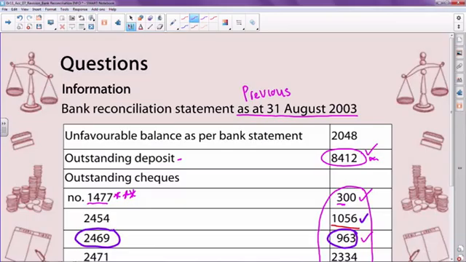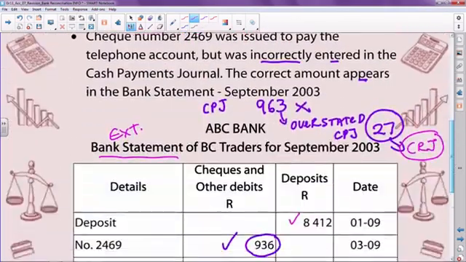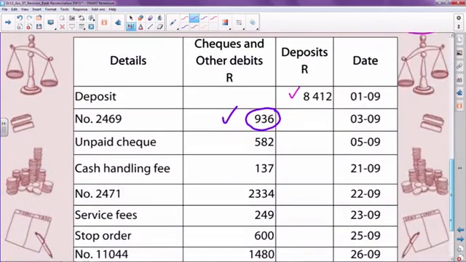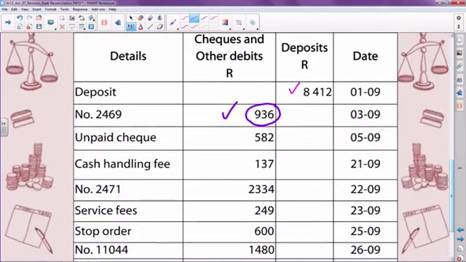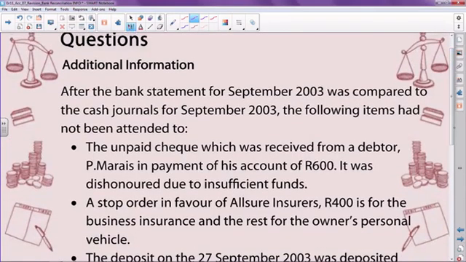The money has appeared. Right, so the next bit of information that's given: I've got an unpaid check, I've got a cash handling fee, and obviously more information. So let's now read through the next bit of information. After the bank statement for September 2003 was compared to the cash journals for September 2003, the following items had not been attended to.